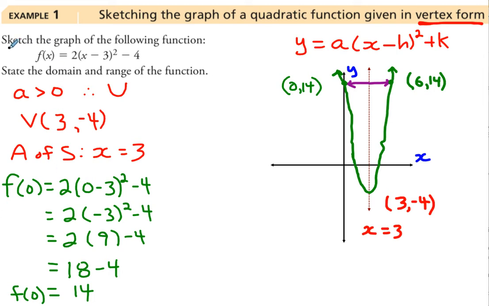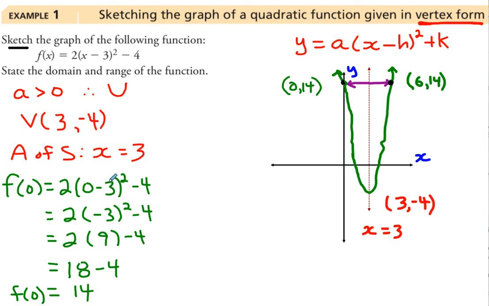And because it's a sketch, it doesn't have to be perfect. We don't have to have all of the lines on here to show that this is exactly 14 units up. As long as it's close, then that is good. Now, before I do the domain and range, let me just show you one thing. This right here is the point (6, 14).